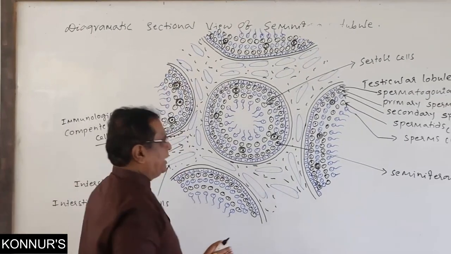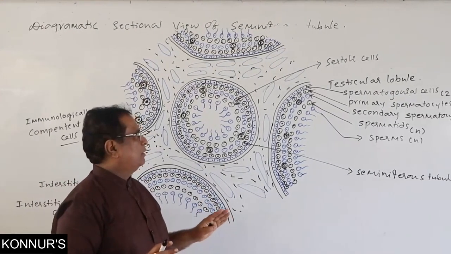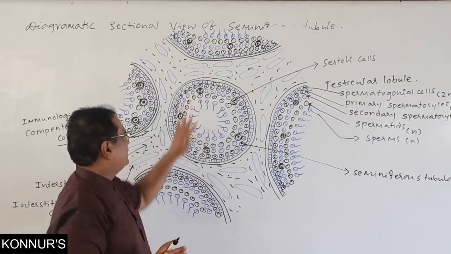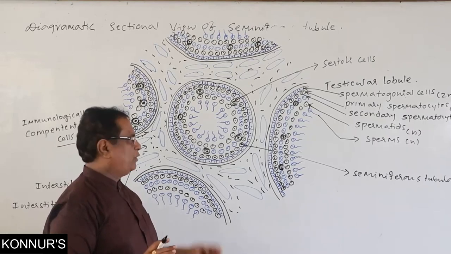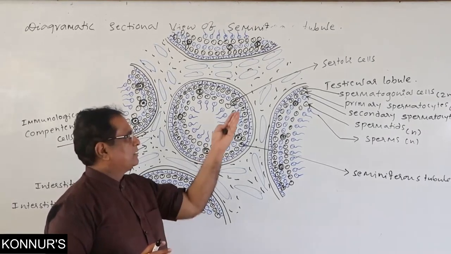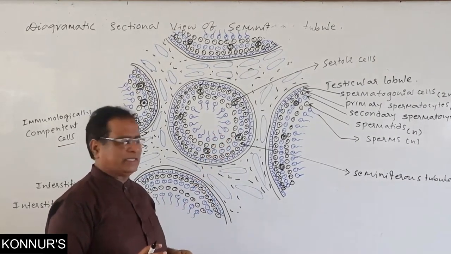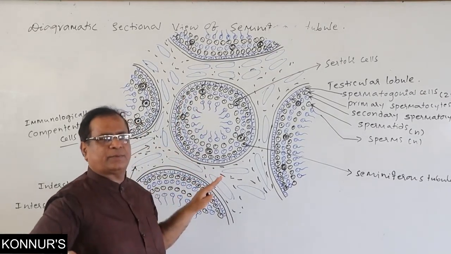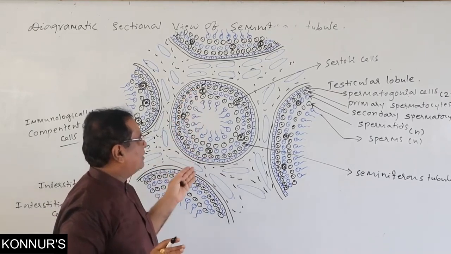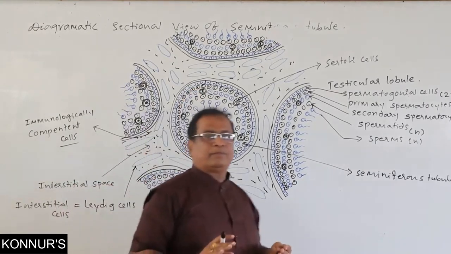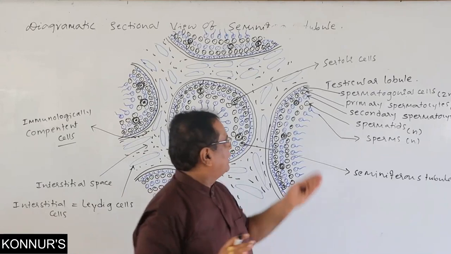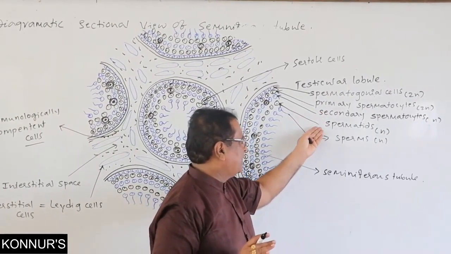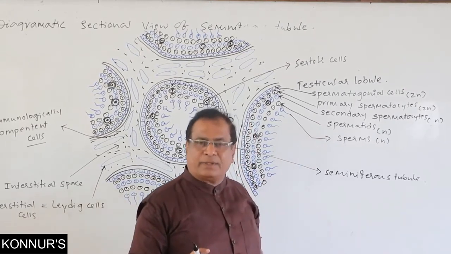This is one testicular lobule, in which there are 1, 2, 3 seminiferous tubules. Within the seminiferous tubule, we have two types of cells: Sertoli cells and spermatogonial cells. Spermatogonial cells, during spermatogenesis, give a series of cells named primary spermatocytes, secondary spermatocytes, spermatids, and sperms.